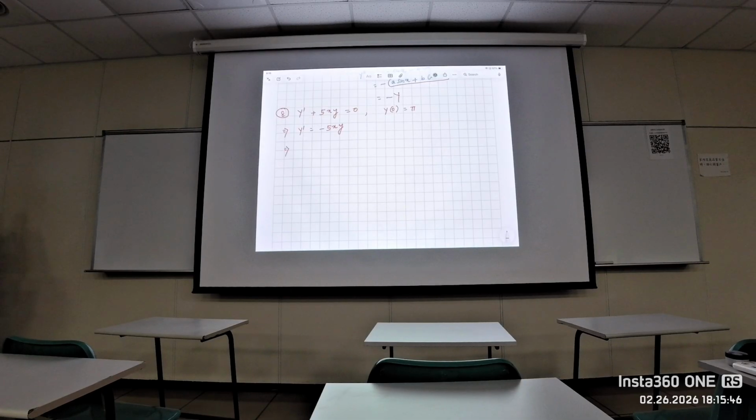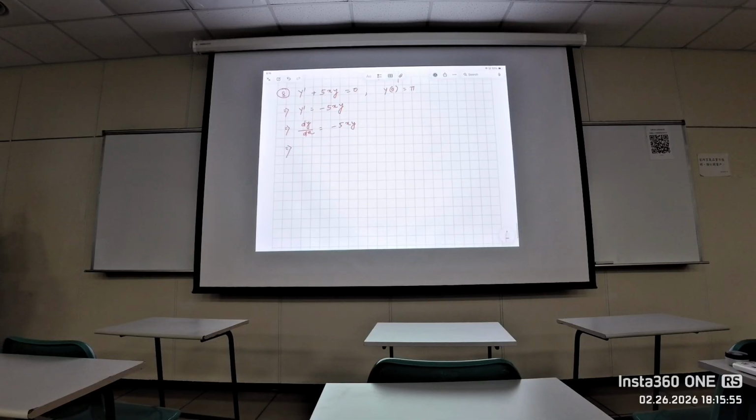That means I will write dy by dx is equal to minus 5xy, and in the next step dy by y is equal to minus 5x dx, and then I just apply the integration on both sides.